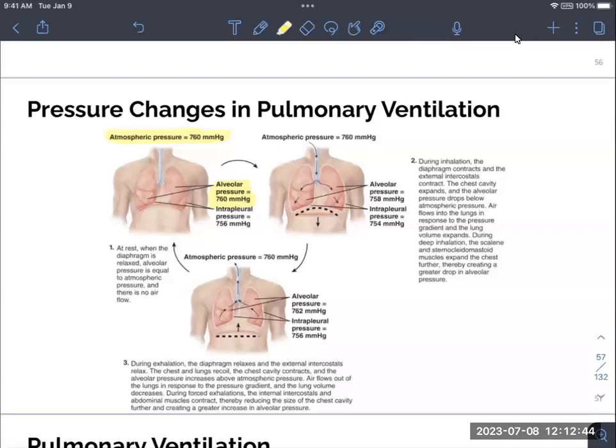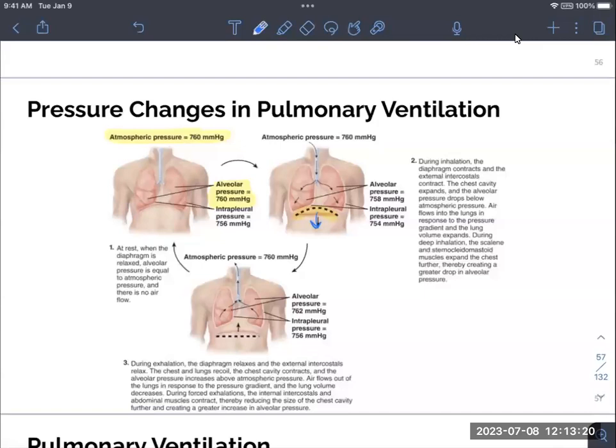But when we take a breath in, we inhale. What triggers the start of that inhalation is the diaphragm traveling down. As that diaphragm travels down, our external intercostal muscles also contract, which will lift that rib cage so those lungs can expand. It causes the entire chest cavity to expand.